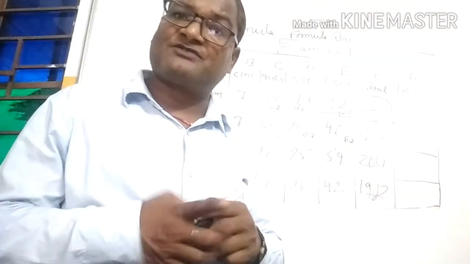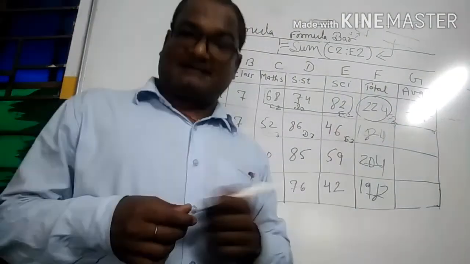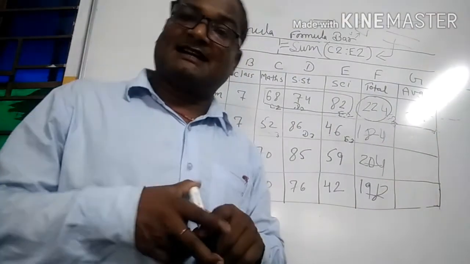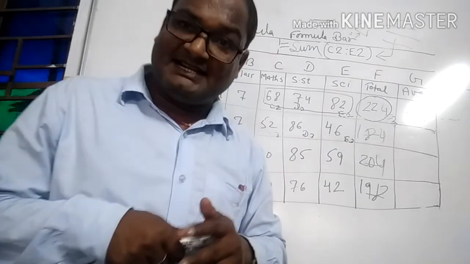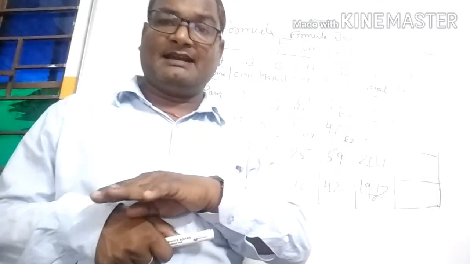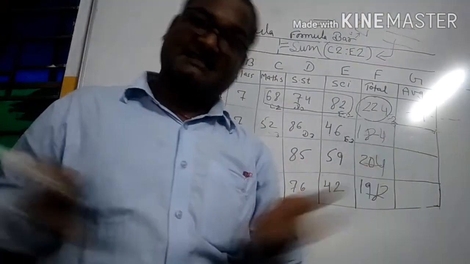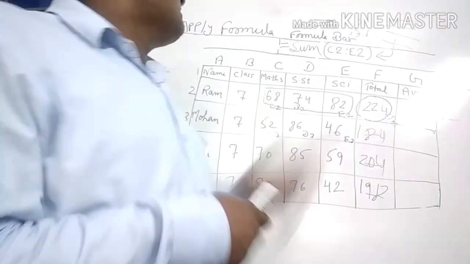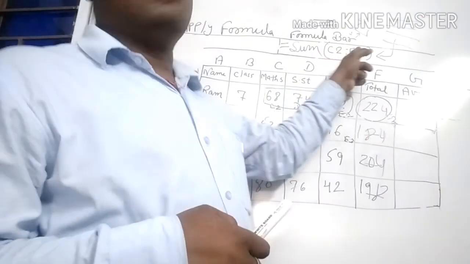That is the range of cells. In the previous chapter, I already told you what the range of cells is. The range of cells is from the initial cell to the final cell. It will cover all the cells. So equal to SUM C2 colon E2, and press the enter button.